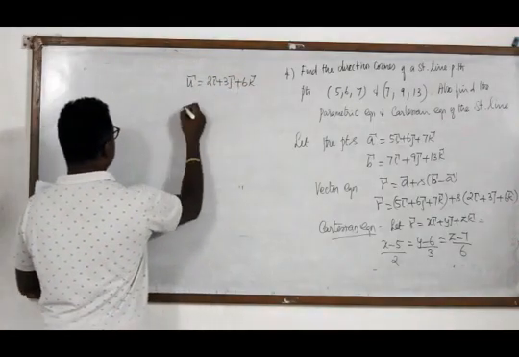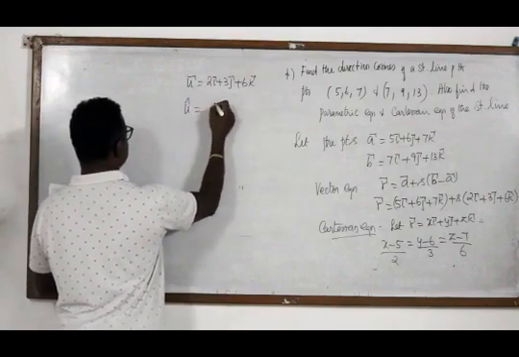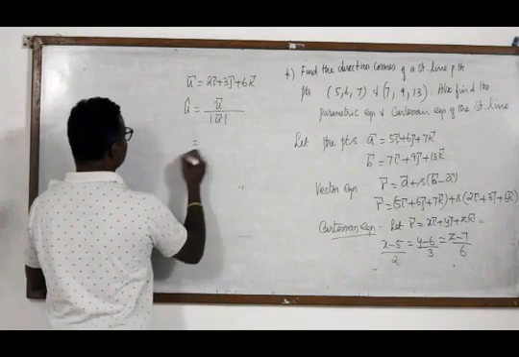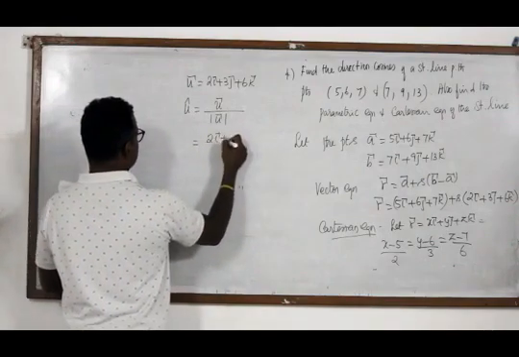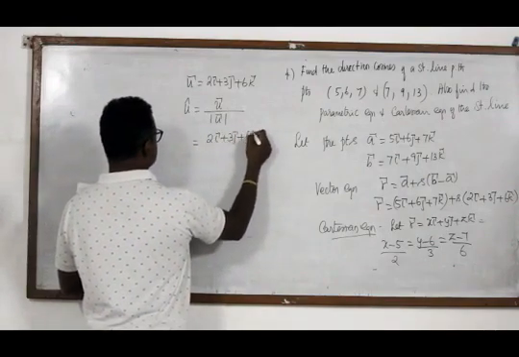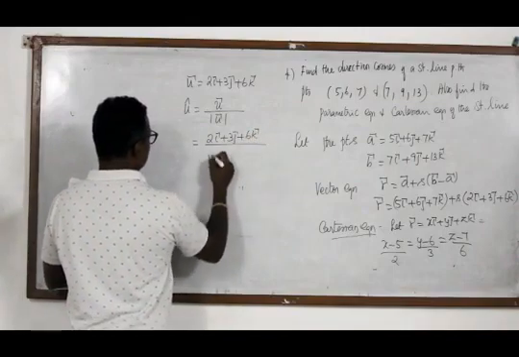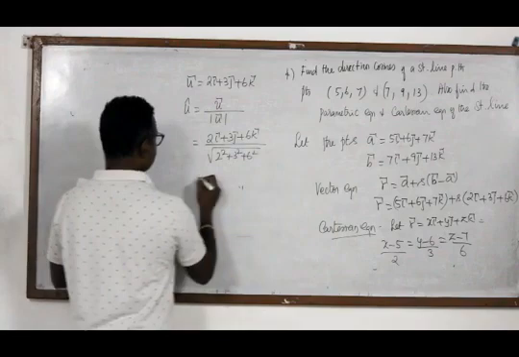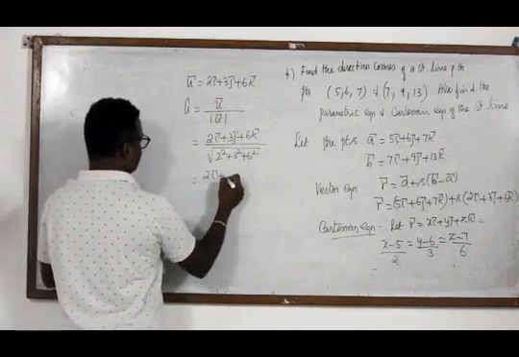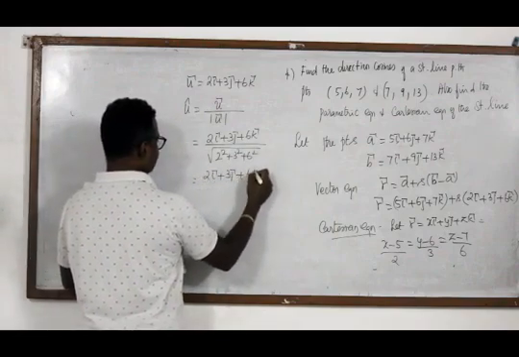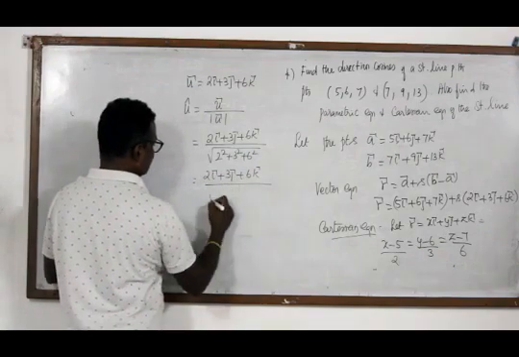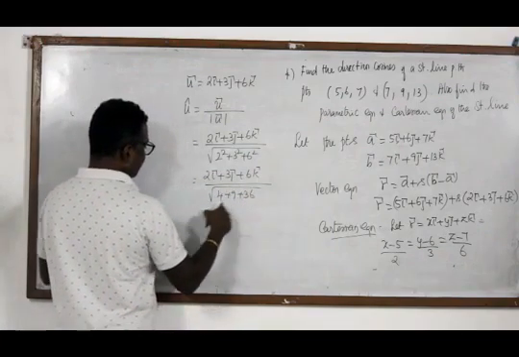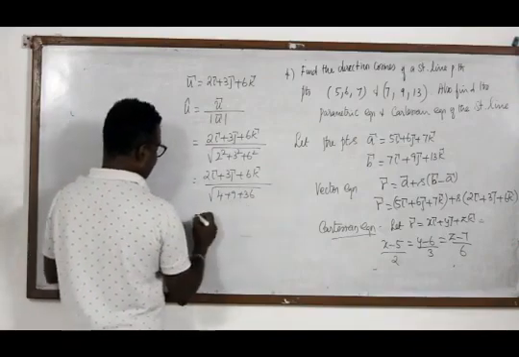Now we shall find u cap. U cap means u vector by modulus of u vector, that is its unit vector. So 2i plus 3j plus 6k by root of 2 square plus 3 square plus 6 square, which is 2i plus 3j plus 6k by root of 4 plus 9 plus 36, that is root 49, which is 7.